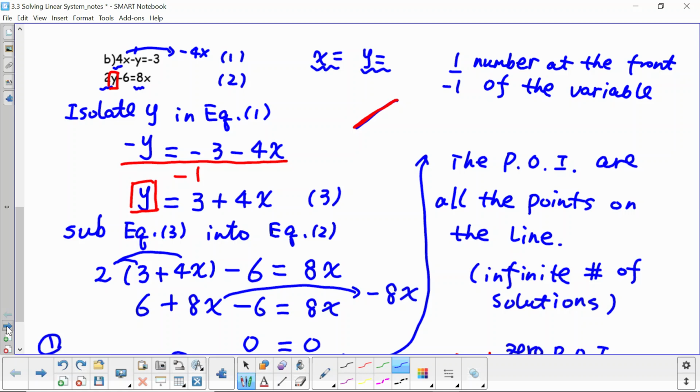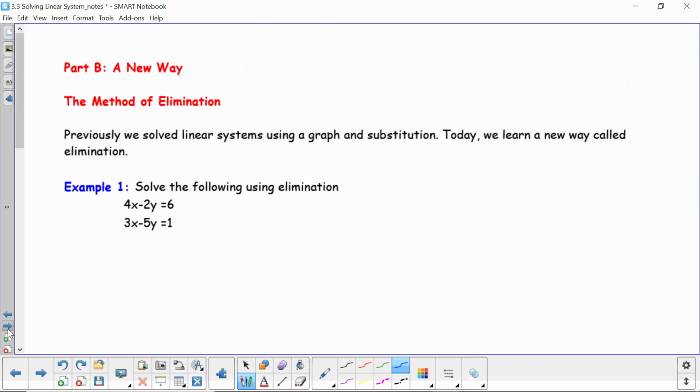So now we are going to see the new method. Why do we want to introduce a new method? Because in this equation, you will see the number in front of each variable, none of them is 1.